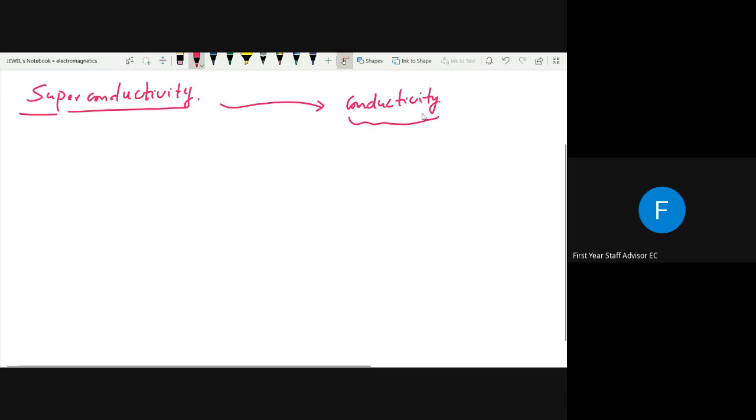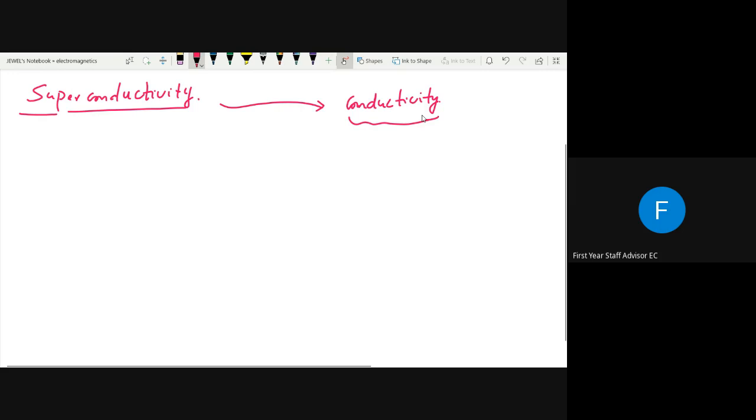Normally, how does a metal conduct electricity? Inside the valence band of metallic atoms, there are many free electrons. Such electrons have high energy, so they can move all along the surface of that material, and conduction happens due to it.